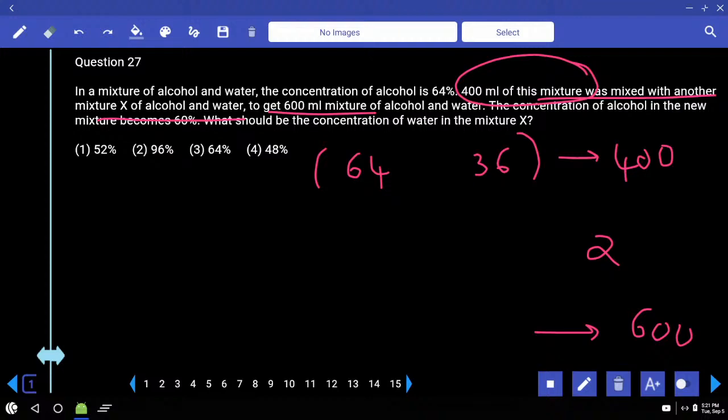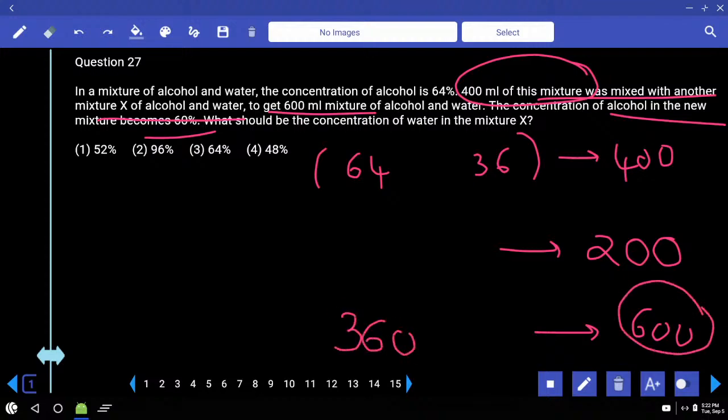So the quantity of the other mixture must be 200 liter. In the final quantity, the alcohol percentage is 60, which is 360. 60% of 600 is 360, so this should be 240.